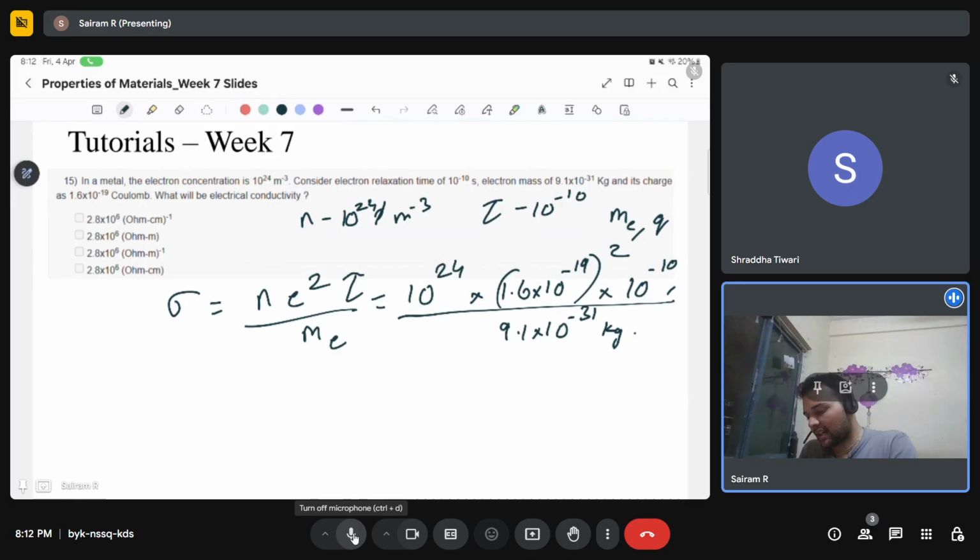Again, all these things are already given in the right units. Very simple equation, right?